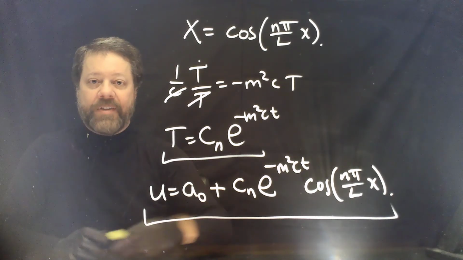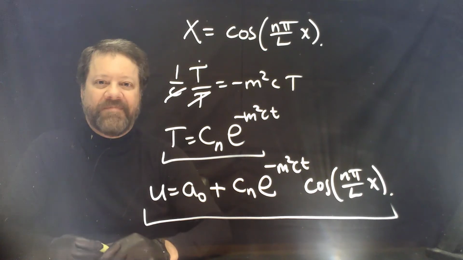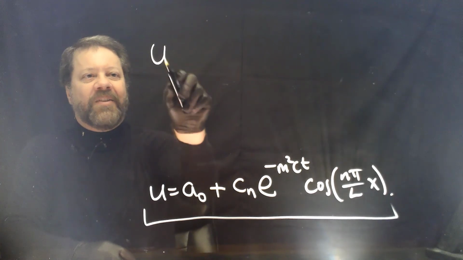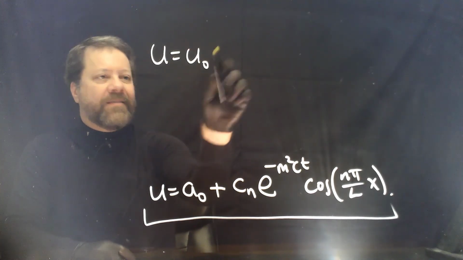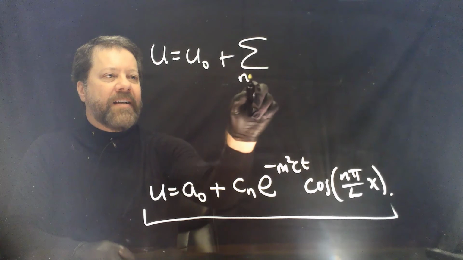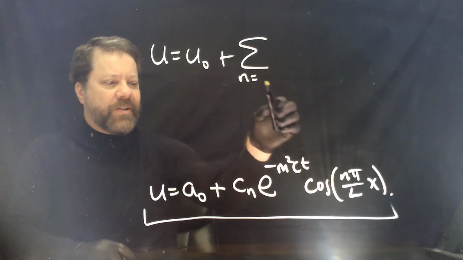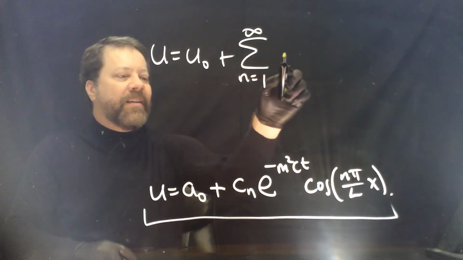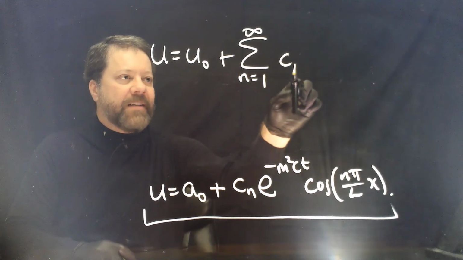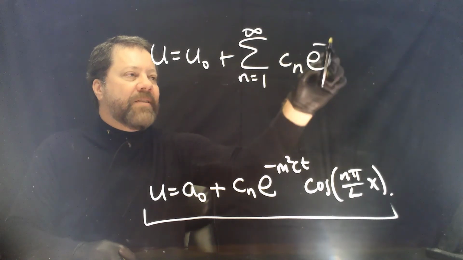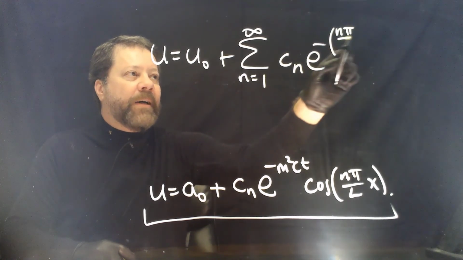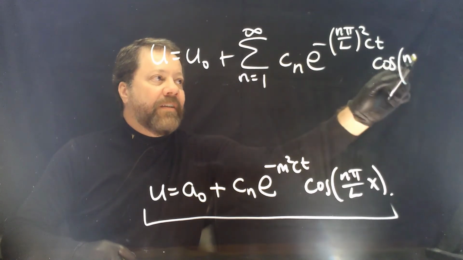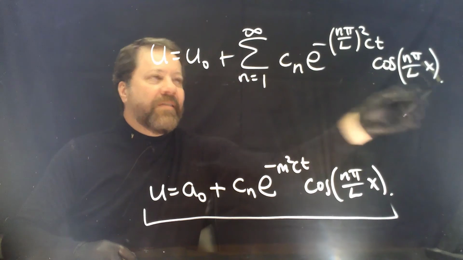And this actually gives us a family of solutions that we can sum. Since the sum of constants yields a constant, we can see that u is going to be some u naught plus the sum as n goes from, I suppose we could start at 0, but that would just give us more of a constant, so 1 to infinity of the cn's e to the minus n pi over L quantity squared ct cosine of n pi over Lx.